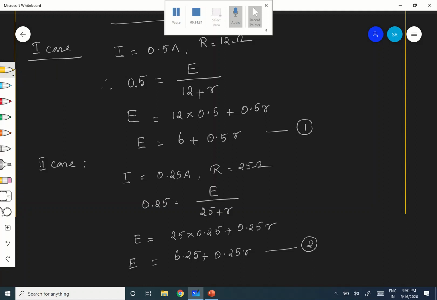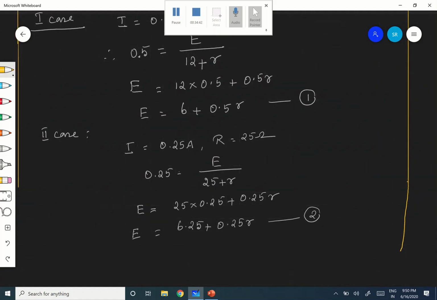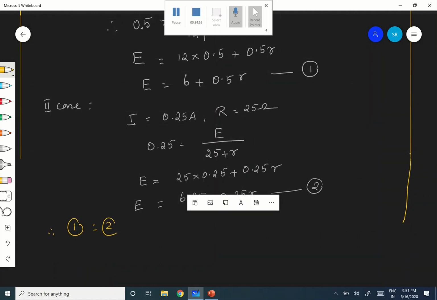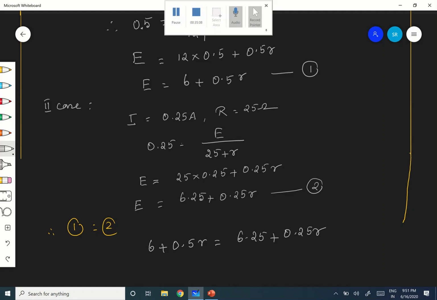Now there are two equations and two unknowns. What are the unknowns? Capital E, that is the EMF, and the internal resistance. From 1 and 2, equating both, since both are the EMF only, you get 6 plus 0.5 r is equal to 6.25 plus 0.25 r.